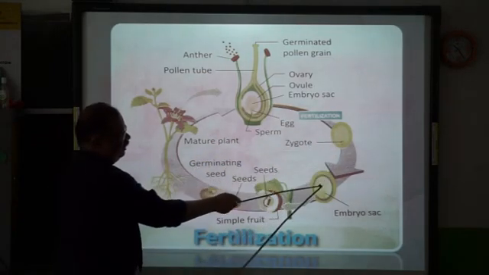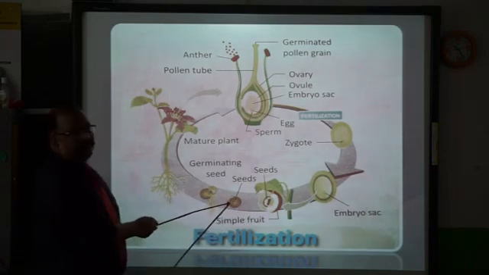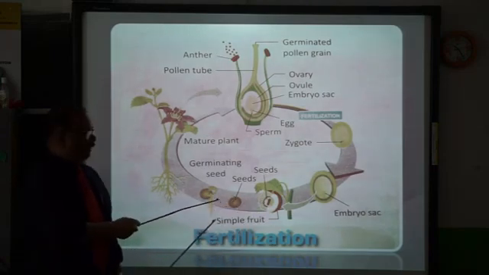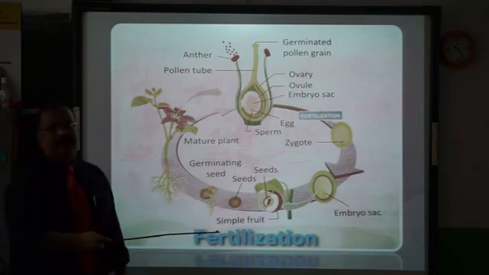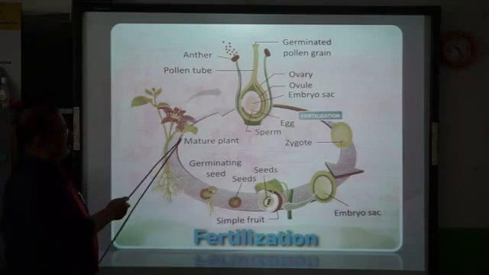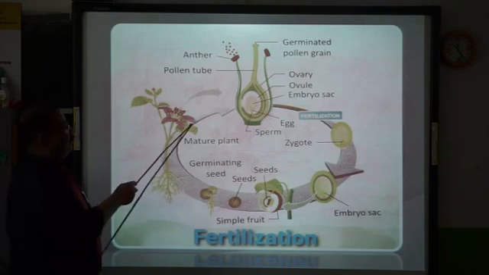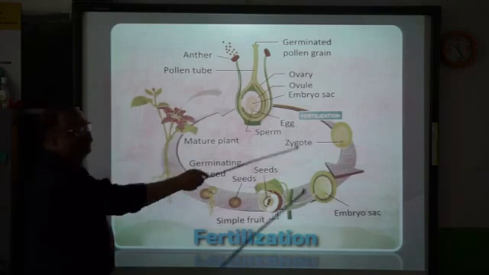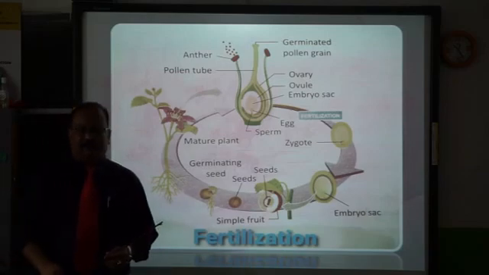Now this zygote is there inside the fruit, it develops into a seed. Now seed, once it gets all the things it requires for germination like temperature, moisture, etc., then it germinates into a new plant. And if it is a flowering plant, it will have a flower, and again the same thing will be repeated to continue the life cycle of a plant. Okay?